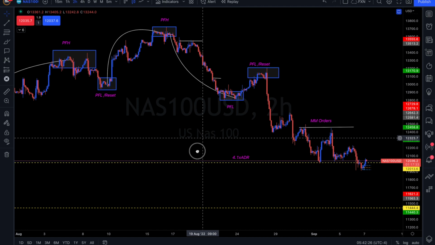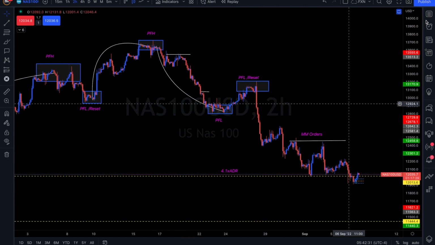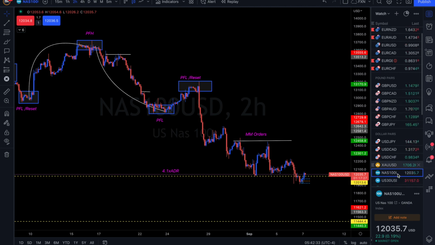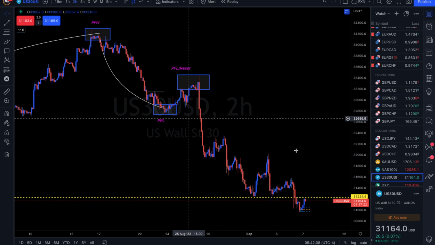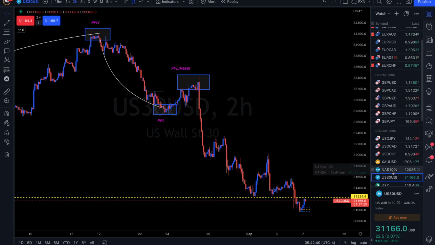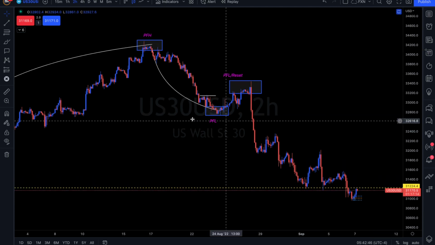US30, guys, is literally going to be the same thing. I mean, it looks exactly the same. And that's because the 30 companies that make up the US30 are in the NAS100. So please understand that the companies that make up the US30 are already in the NAS100.